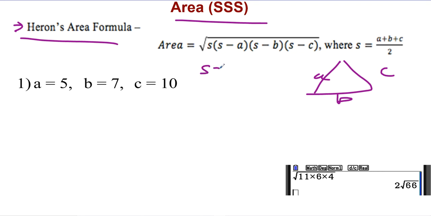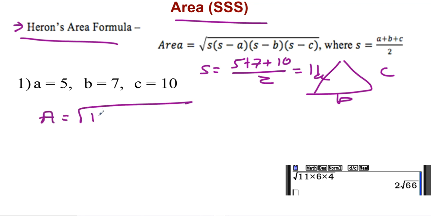We're going to find the semi-perimeter is equal to 5 plus 7 plus 10, all over 2. So that's 22 over 2, so that's going to be 11. So when you do this, area is equal to the square root of 11 times 11 minus 5, which is 6, 11 minus 7, which is 4, and 11 minus 10, which is 1.